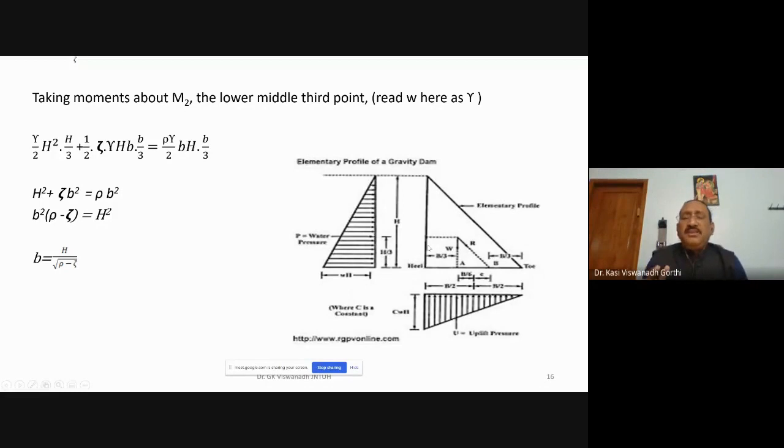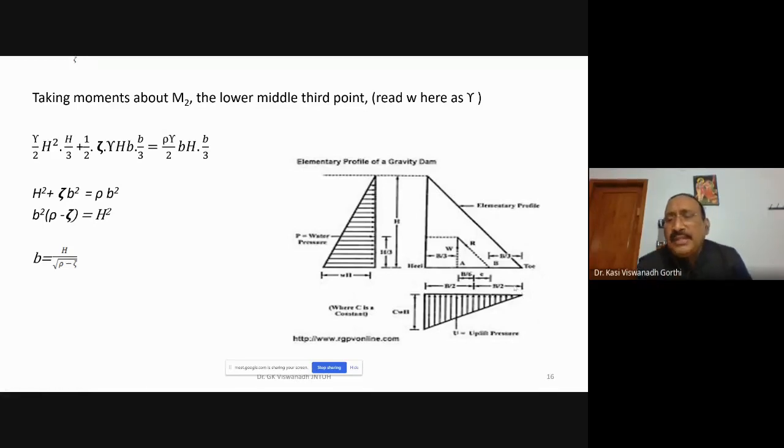You now have three forces acting on this elementary profile. The self weight acts vertically downwards at a distance of 2b/3 from the toe. The horizontal hydrostatic water pressure force P acts at a distance of h/3 from the base. The third one is the uplift U, which acts at a distance of 2b/3 from the toe of the dam. Now take the moments of all these forces.